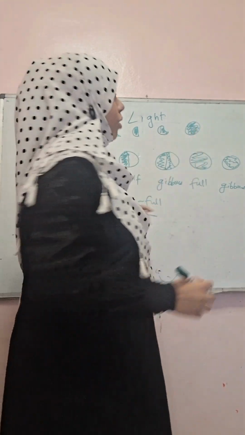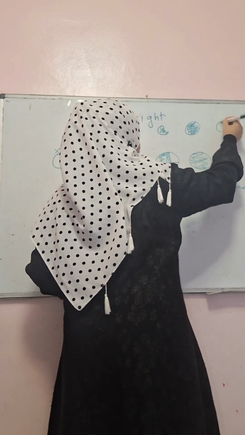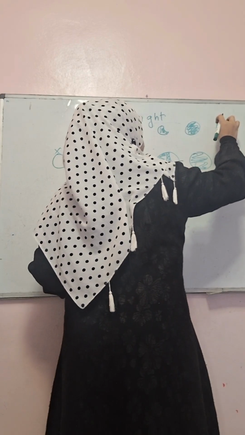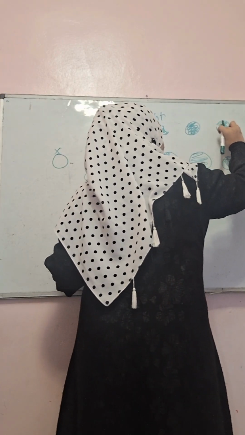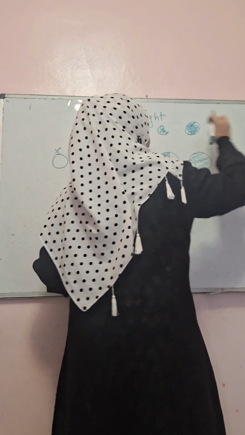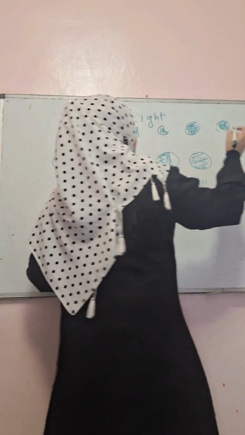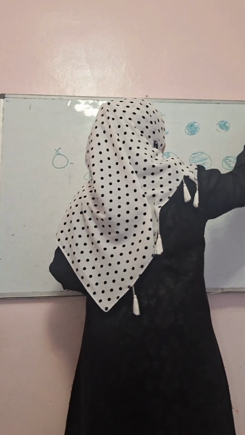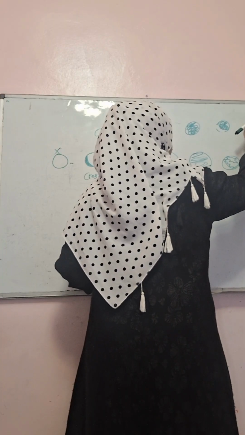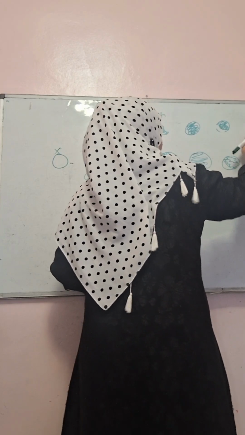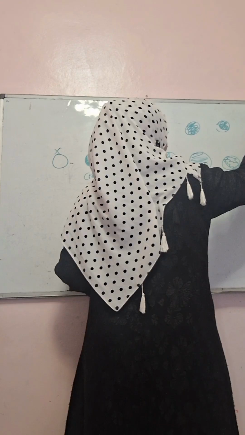Then after full, what will happen? After full, we are going to see more than half of the moon lit, so it is again gibbous. Now after more than half will come what? Half. Now instead of coloring this side, I'll color this side, because that's how the moon is going to shrink.